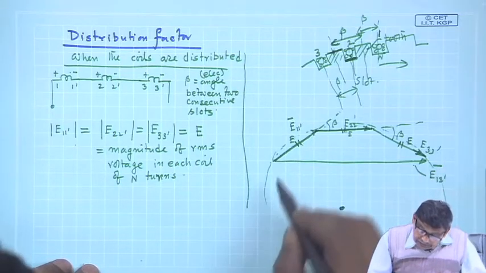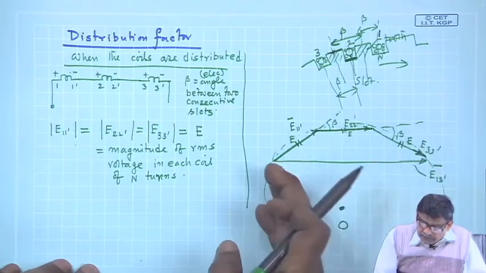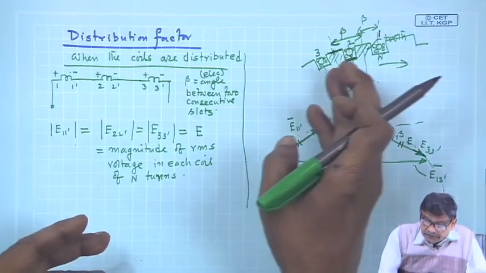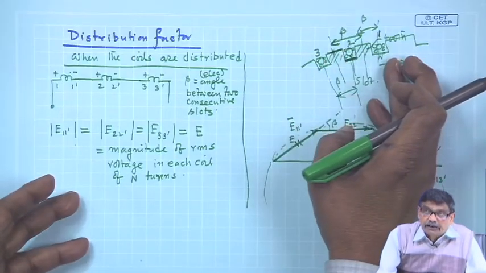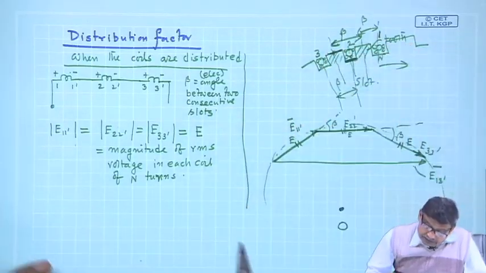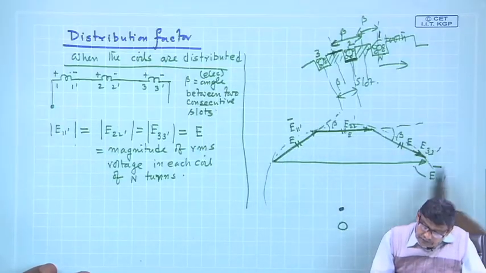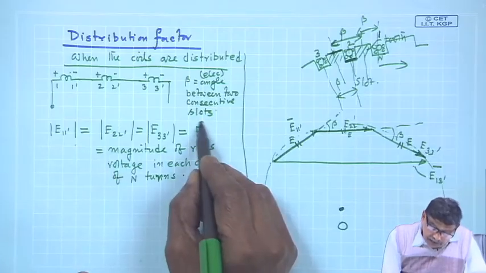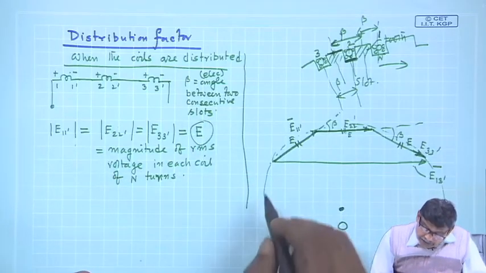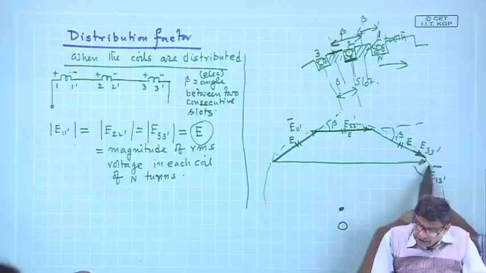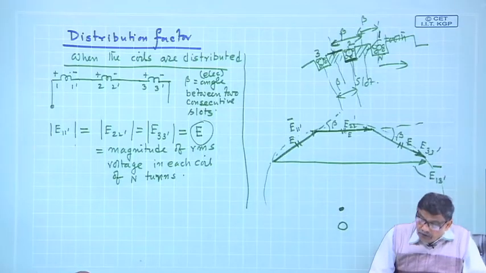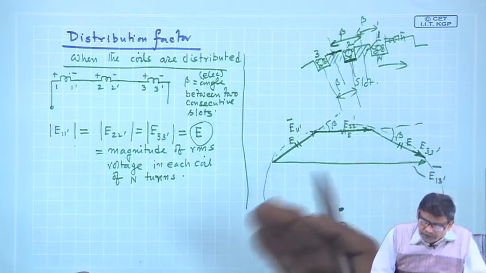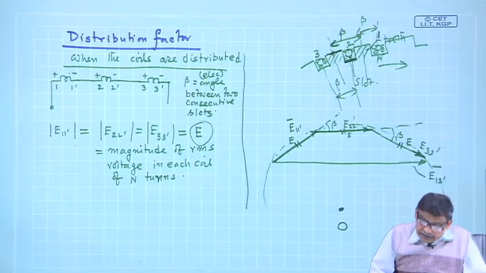To do this, I assume the coils are distributed in 3 consecutive slots, starting like this, lengths are equal, and I know each one of them is of magnitude E. Now, what I am saying is, this will be part of a regular hexagon if you go on adding further distribution, but we stop; suppose somebody has stopped it at 3.